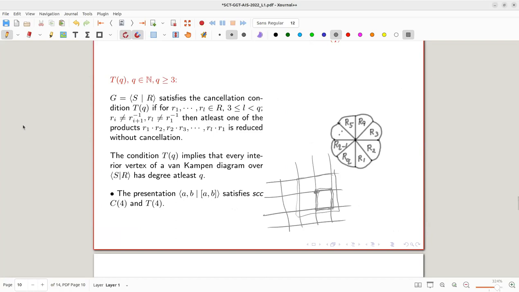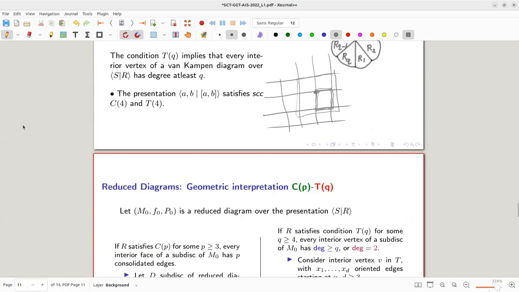It says that you take any diagram for any W from the normal subgroup generated by R, and then in that diagram you take any interior vertex. The degree of that interior vertex will be at least Q, and that is following from this. So in this case, you take any vertex, not only this. The degree is always 4, so it satisfies the T4 condition.